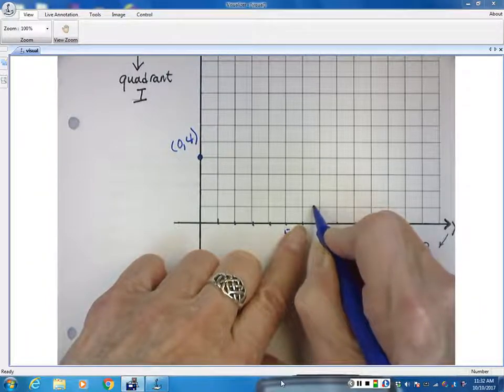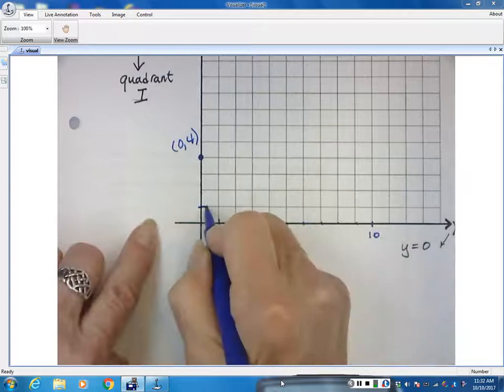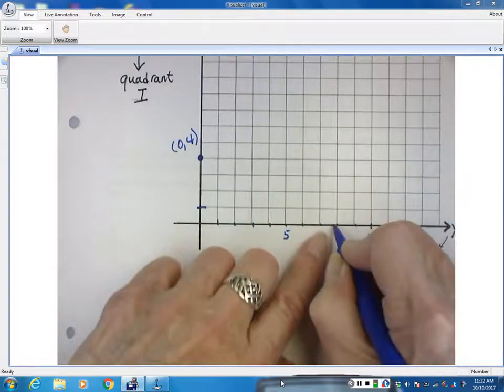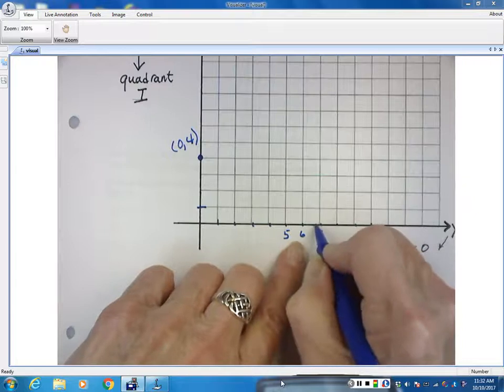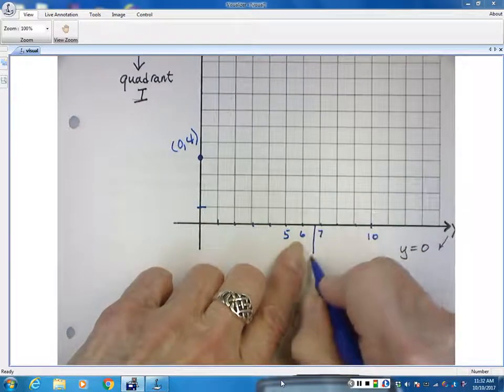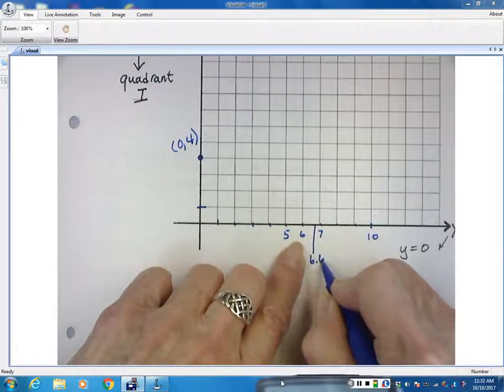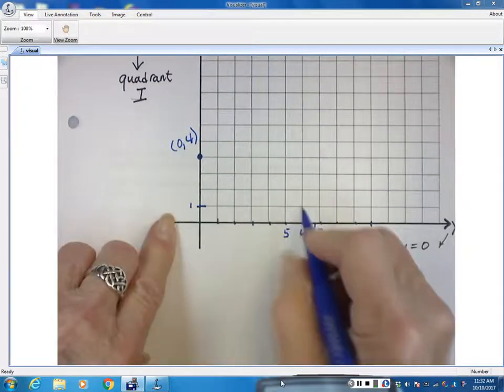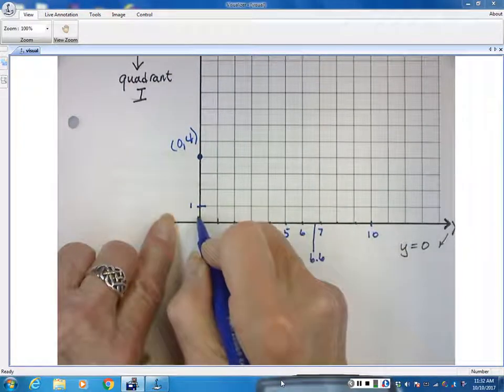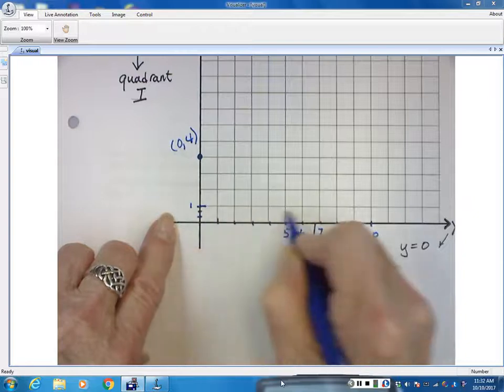And then you have to go up, since this is 1, you're going to go up about 2/3 of the way. So this is the 0.6, this is 7. You go out to about 6.6 or 6.7, and then you go up, since that's 1, you're going to go up to about there.